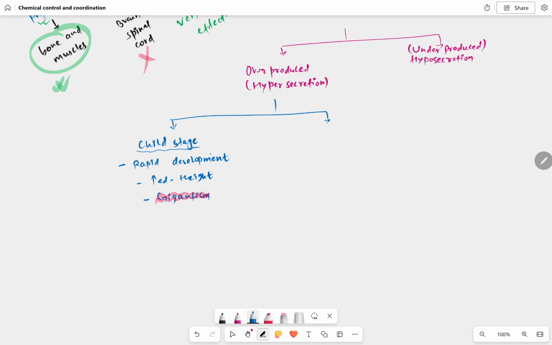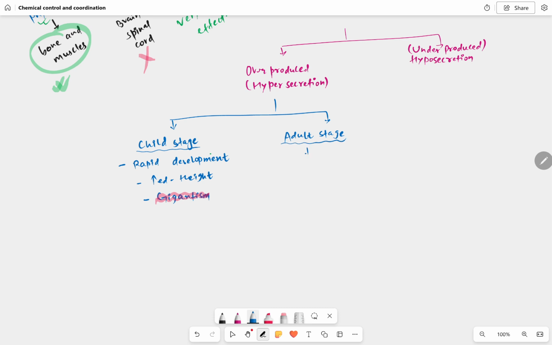But if the growth hormone is overproduced in the adult stage, what will happen?